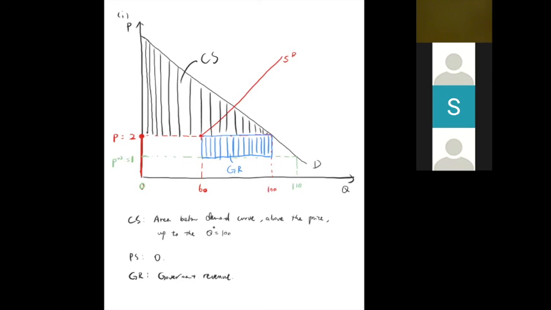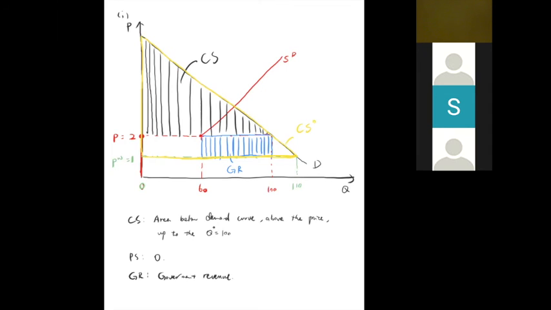Let me use a yellow one. So the producer surplus used to be 0, but the consumer surplus used to be this yellow triangle area, because P equals 1 is the price they pay, and they could consume up to 110 units. So this yellow area used to be the consumer surplus.